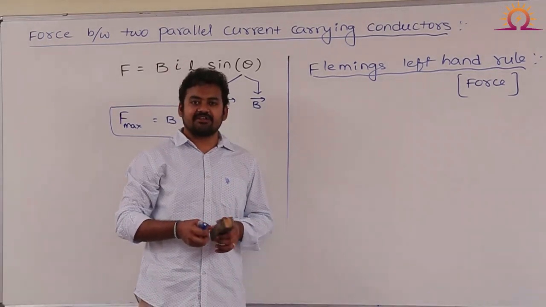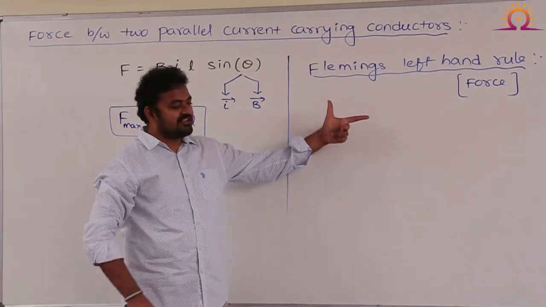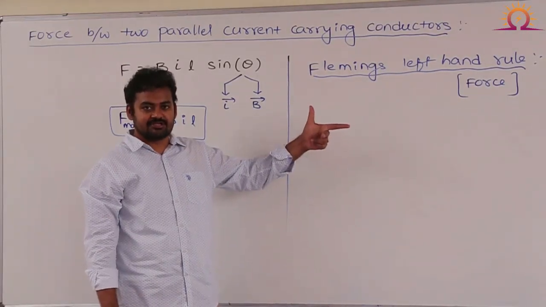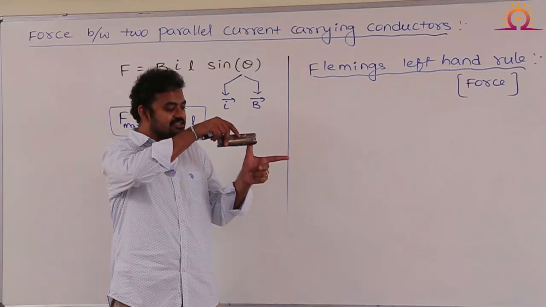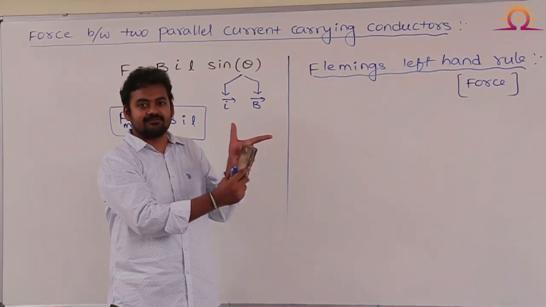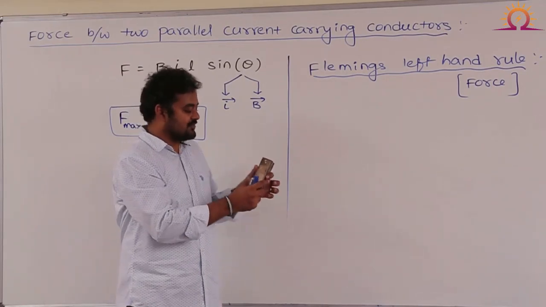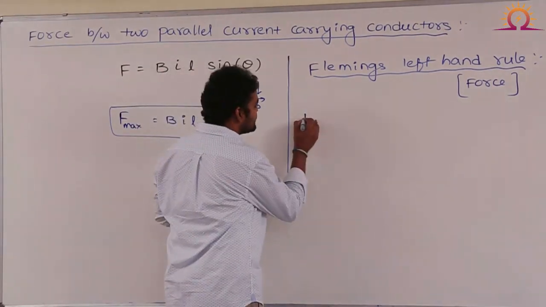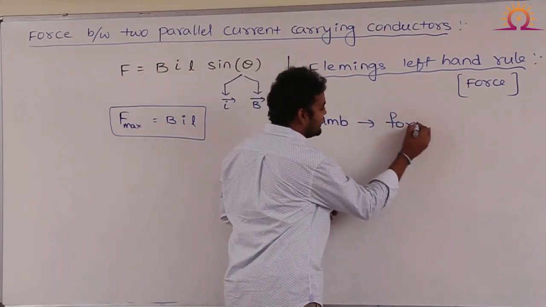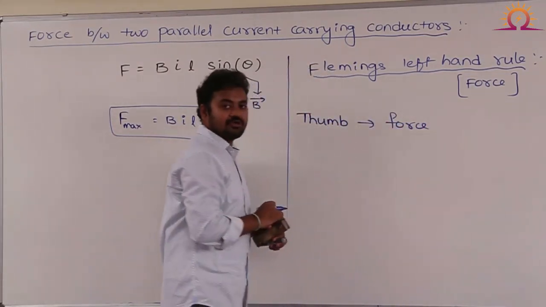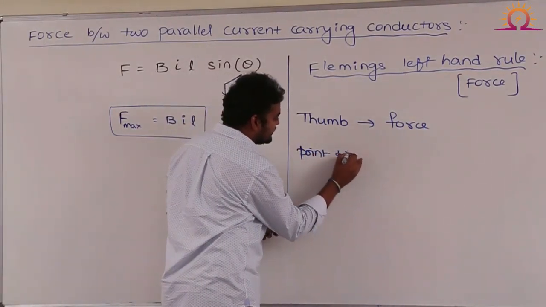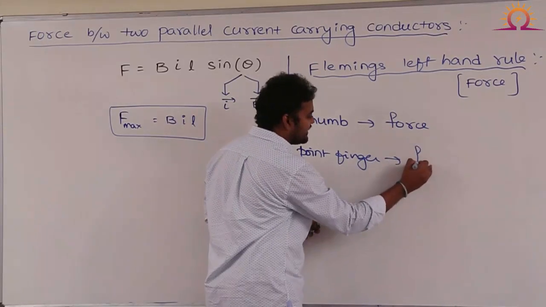According to Fleming's left hand rule, the first three fingers of the left hand must be placed in mutually perpendicular directions. You see this is a thumb, this is a point finger, and this is a central finger. Thumb will always represent the direction of force acting on the conductor. Point finger will represent the direction of magnetic field.